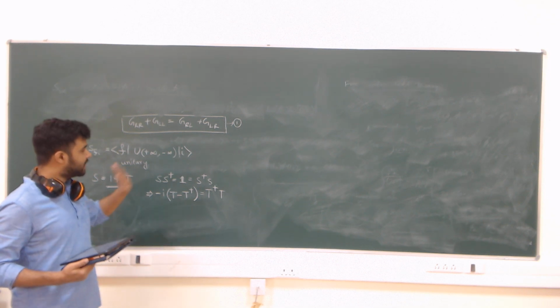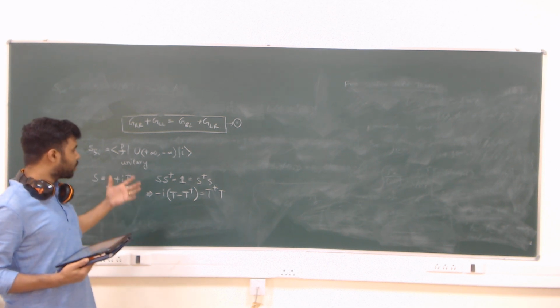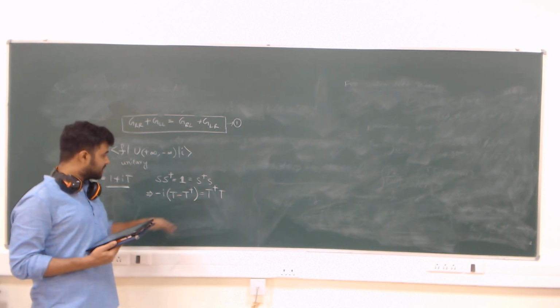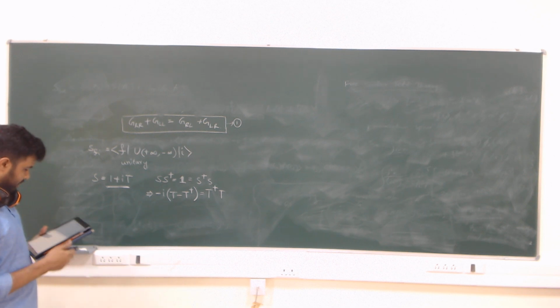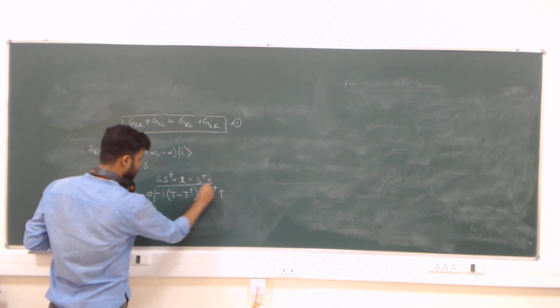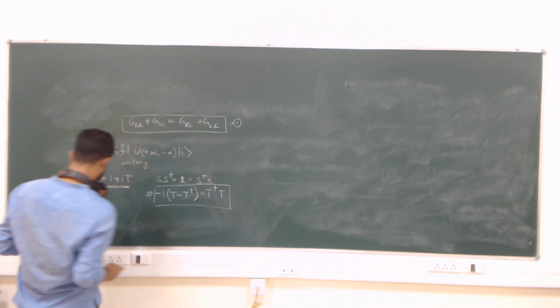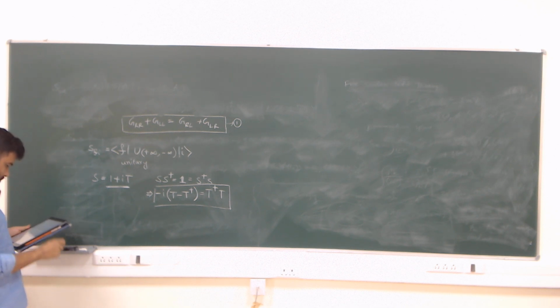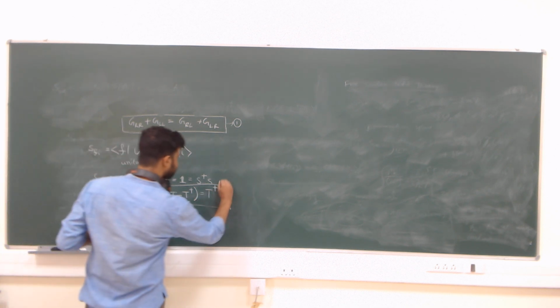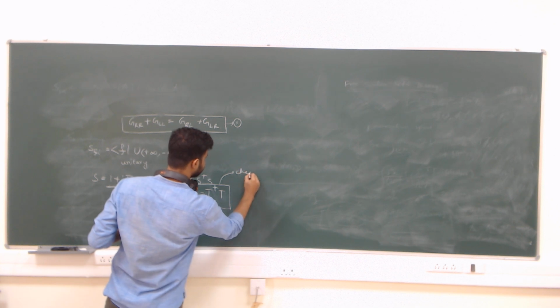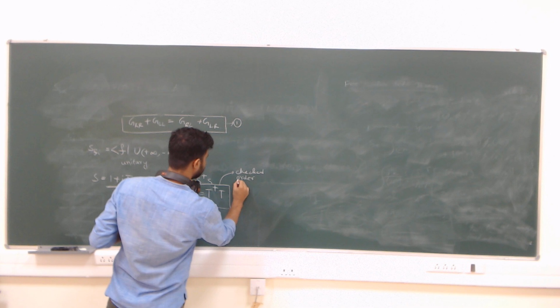We have to quantitatively check whether in each order this is satisfied or not. So this has to be checked order by order.